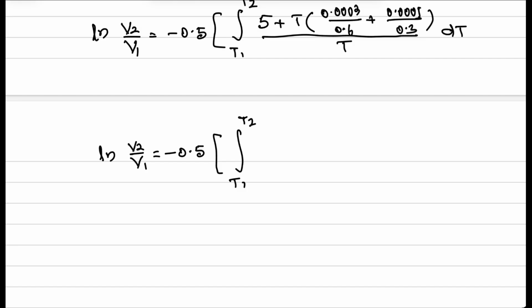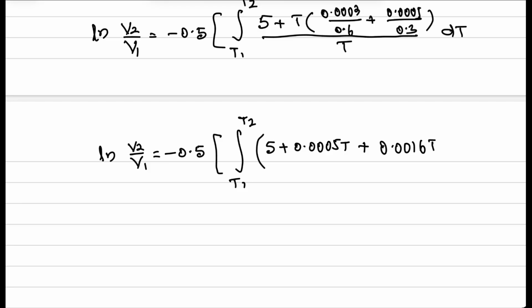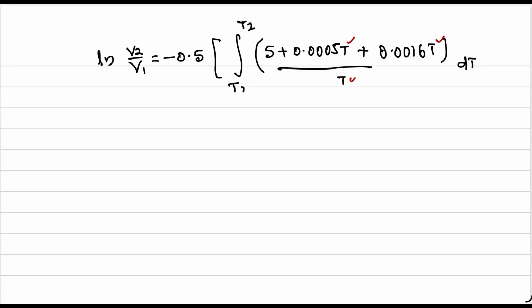0.0003 by 0.6 is 0.0005 plus 0.0005 T plus 0.0005 divided by 0.3 is equal to 0.0016 T. This whole divided by T dT. From the above equation, ln V2 by V1 is equal to minus 0.5.